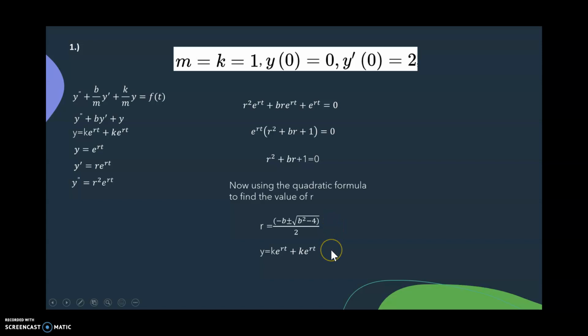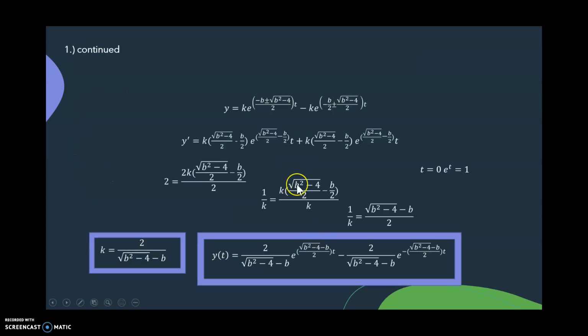Now, plugging r back into the equation we'll be using for this method, we'll be left with y equals k times e to the negative b plus or minus the square root of b squared minus 4, all divided by 2, times t, minus k times e to the negative b plus or minus the square root of b squared minus 4, all divided by 2, times t.